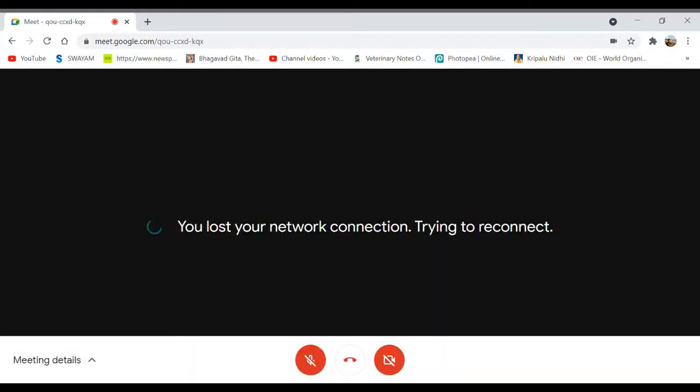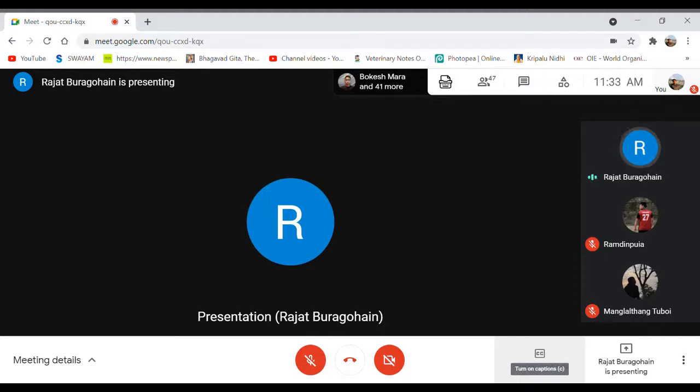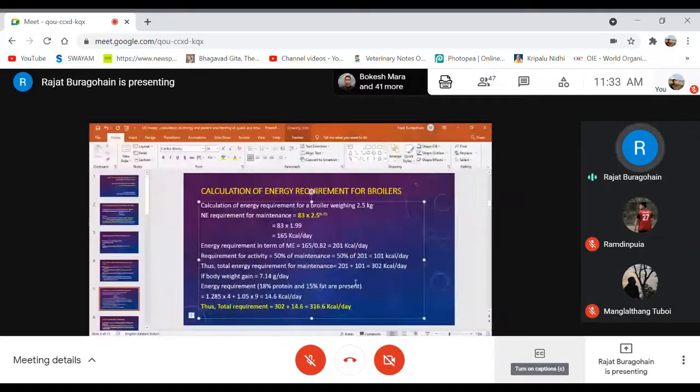I have told you it is 1.5 to 3 kilocalorie per gram. This also we can calculate, assuming that whatever gain, that means whatever body growth there will be, whatever muscle or fat will be deposited in that particular gain, 18% will be protein and 15% fat. That means in that body mass, in that growth, there will be 18% protein and 15% fat.